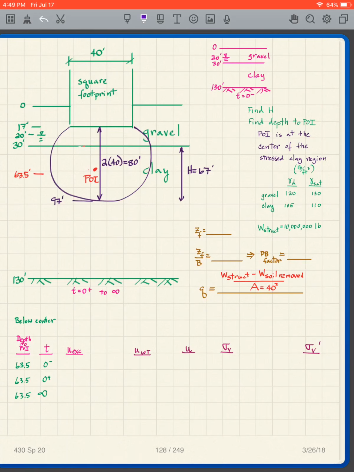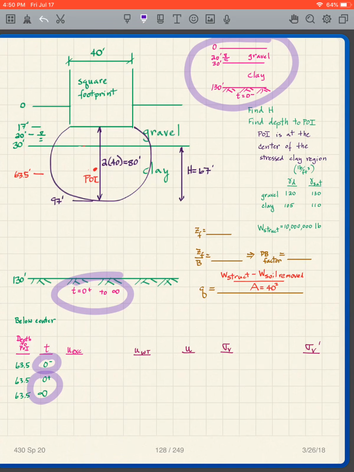And what I want you to do is, I haven't shown the t equals 0 minus picture. Well, I guess I have. Here's my t equals 0 minus picture right there. This is my t equals 0 plus to infinity picture, so it's a little bit bigger than the other one. So look at the t equals 0 minus picture up here to get that part, 0 plus to infinity, get that part.